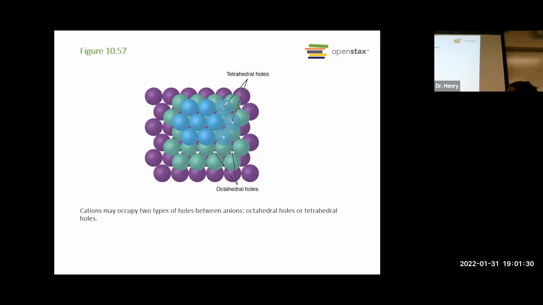And this is just showing us the distinction between the two. So this is our tetrahedral hole. This one here is our octahedral hole. So this here represents the positive. There's the anion. So our positive, our negatives, our positive, our negatives. So there's different possibilities that could exist.